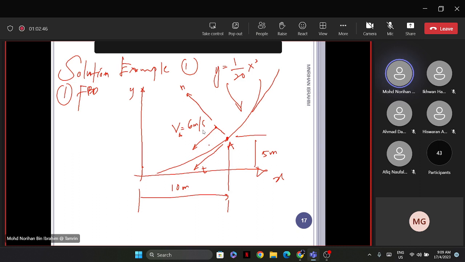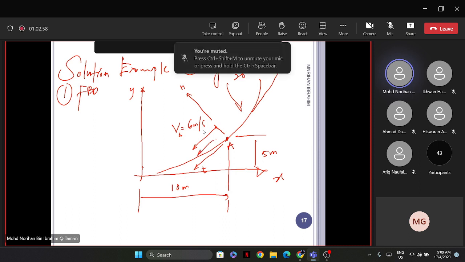So at this instance, at A it has the velocity vA equal to 6 meter per second, which is increasing 2 meter per second squared. Earlier, velocity v is equal to vA, 6 meter per second.